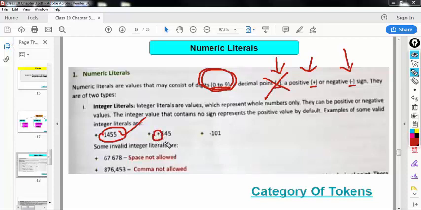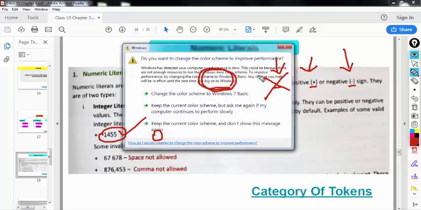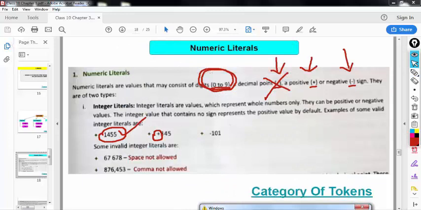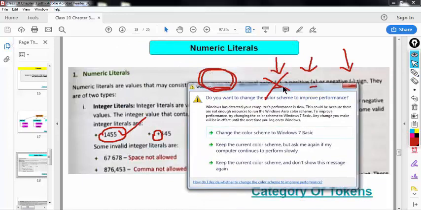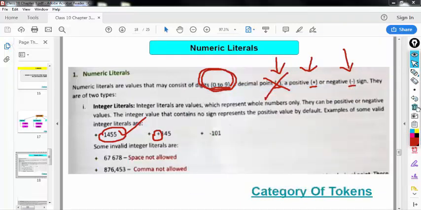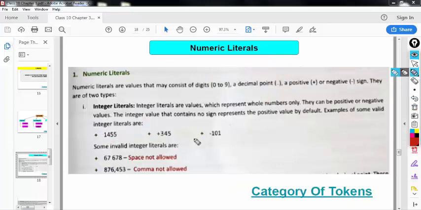So even if you do not write the plus sign, it will by default take it as positive. And the last example shows a negative number which has a negative sign before the number.